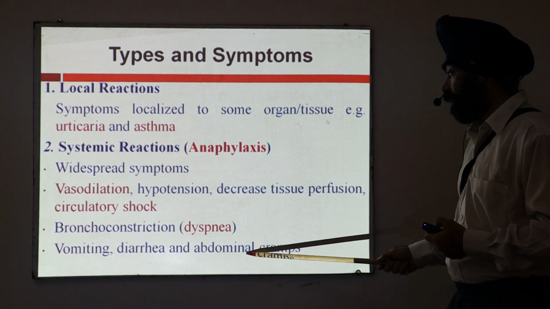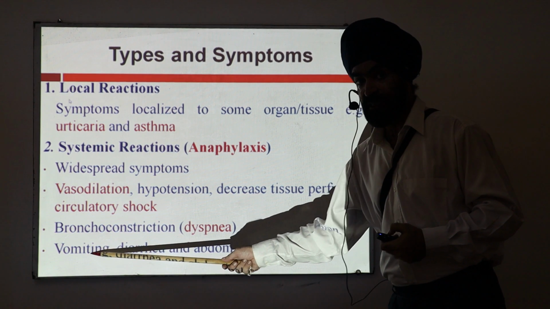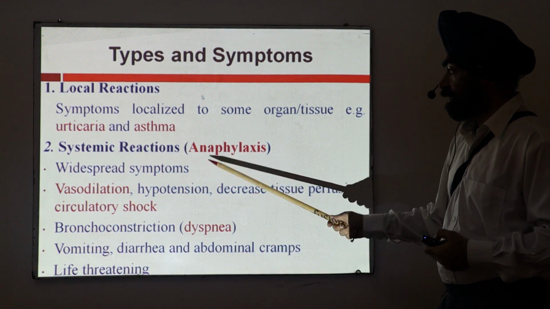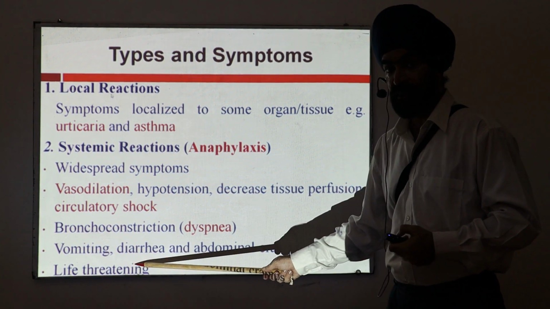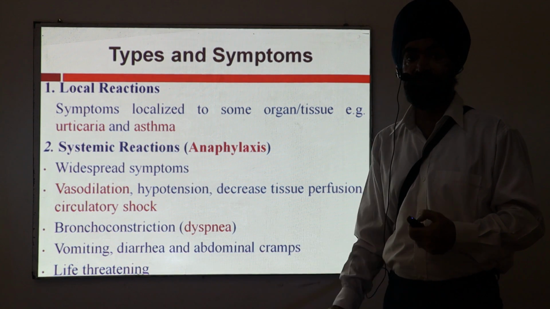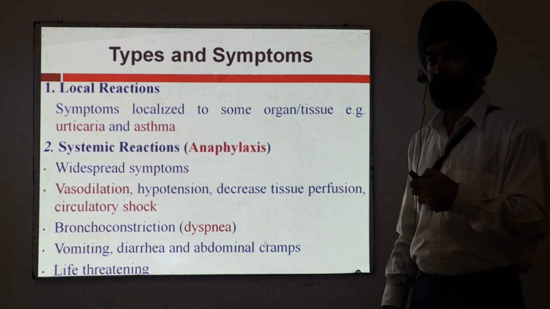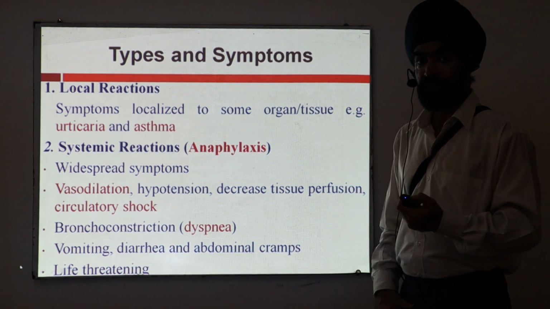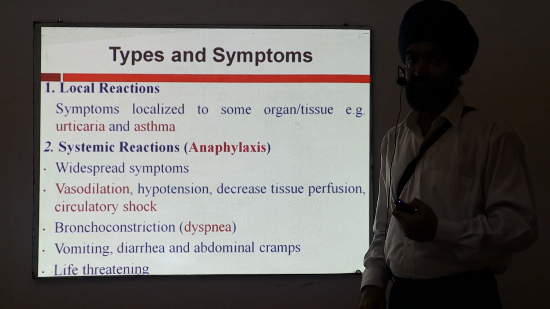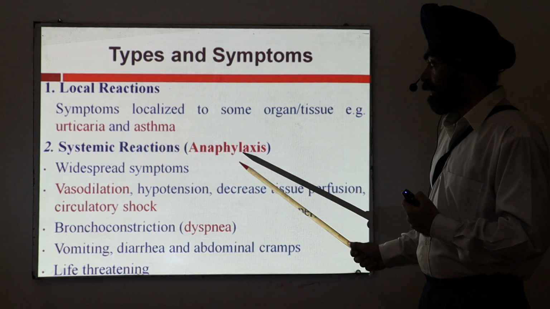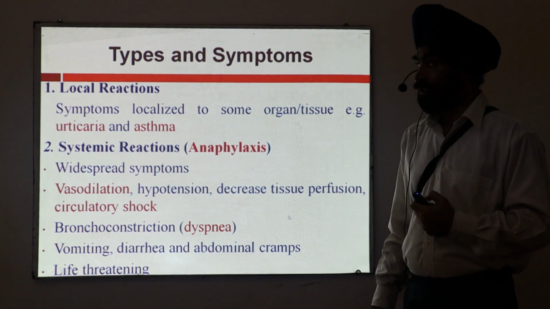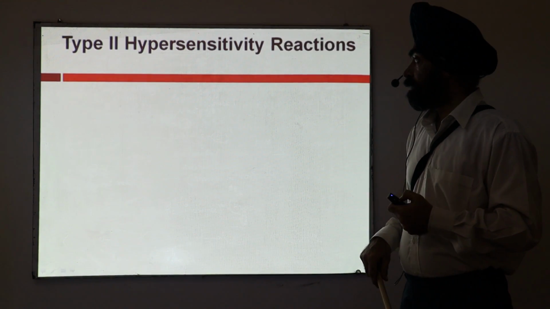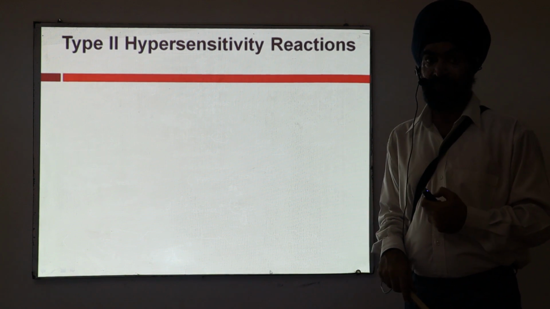Vomiting, diarrhea, abdominal cramps can also be very serious. Sometimes this anaphylaxis is life-threatening. One example I can give: penicillin. If the person is hypersensitive to penicillin, they may develop anaphylaxis reactions. So this is all about type 1 hypersensitivity reactions.